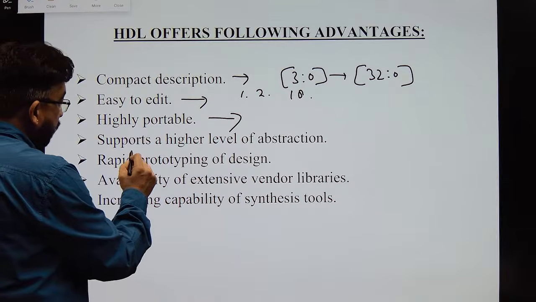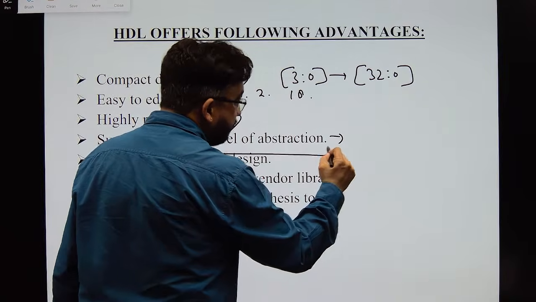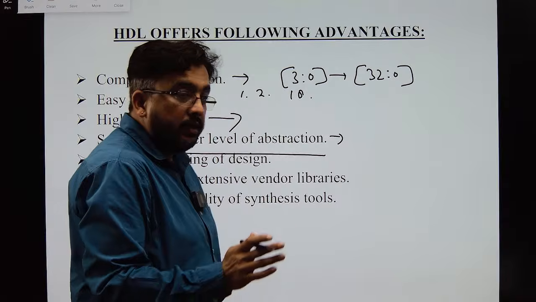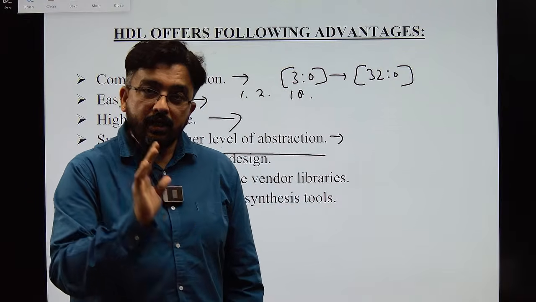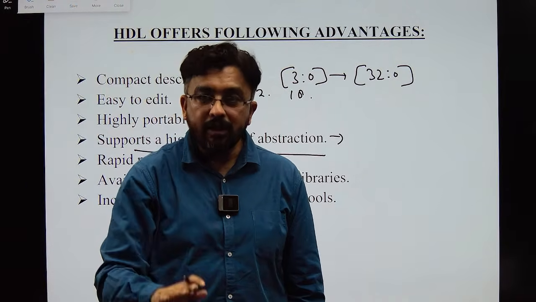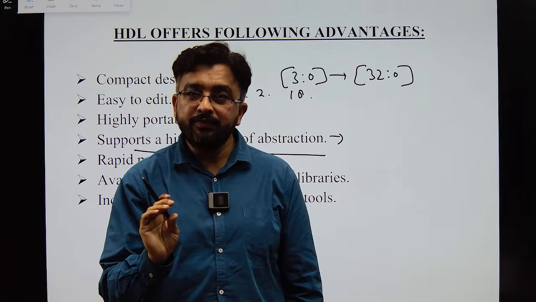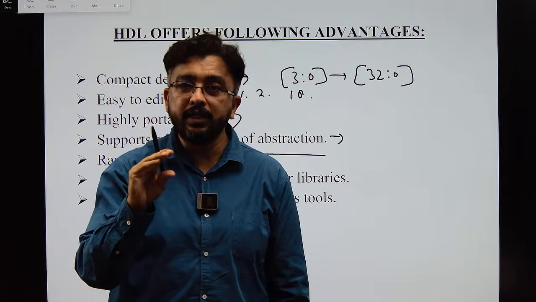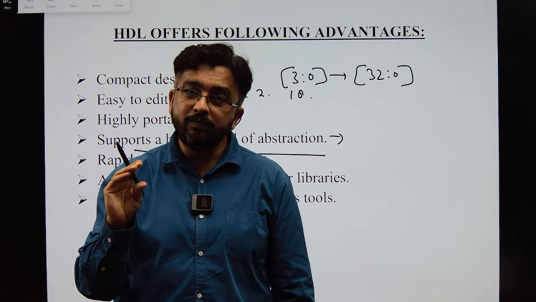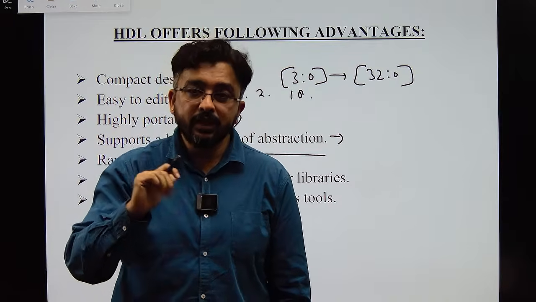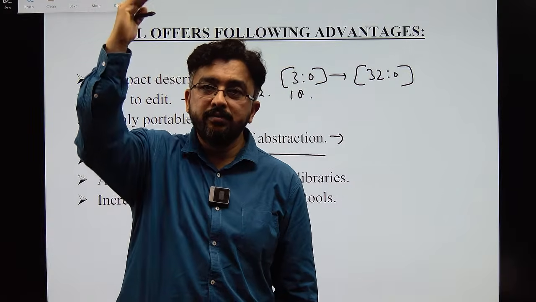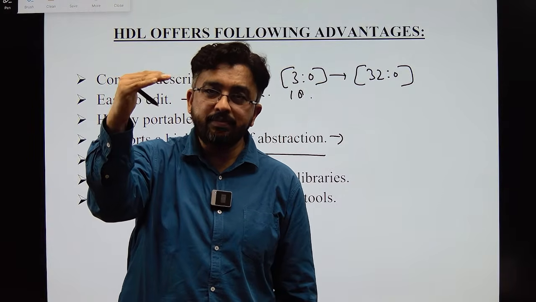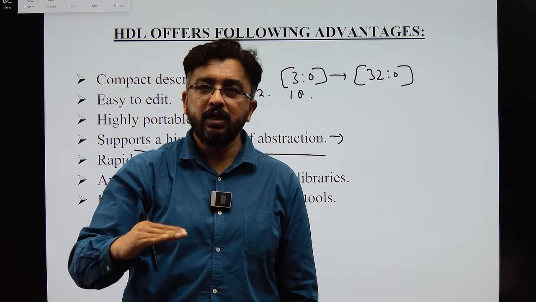Then, support for a higher level of abstraction. You know that in schematic, to make an 8-bit adder, I have to design first a half adder, and with the help of the half adder I have to make a full adder. Then with the help of the full adder I have to make an 8-bit adder. So there are three levels. What is abstraction? Abstraction means level.